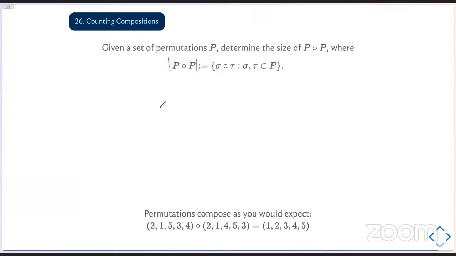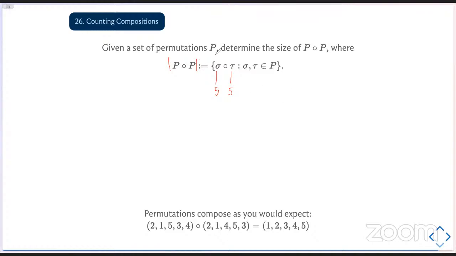Is that clear? In some sense, the number of pairs that we are considering is 5 times 5. There are 5 choices for sigma, 5 choices for tau, right? And we haven't said that they're distinct necessarily. So the number of pairs we are going over is 25.